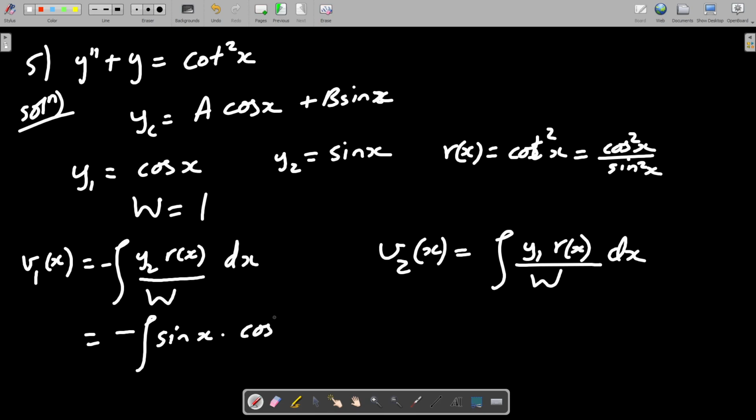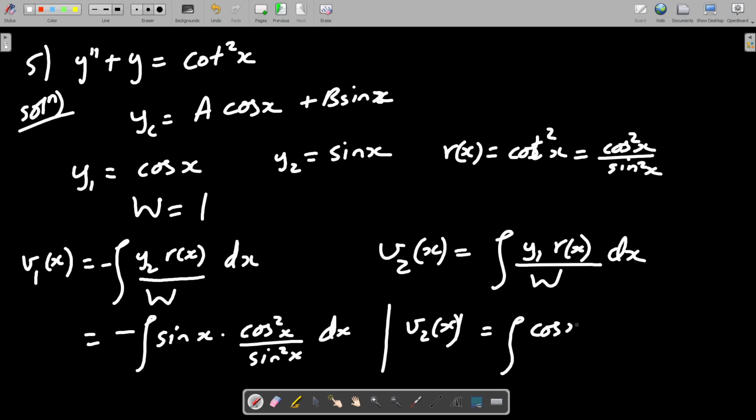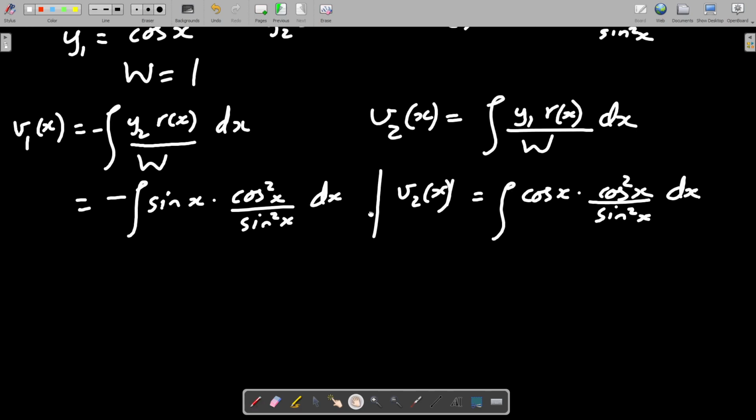I'll write this cos square x side by side. I'll do this also. v2 of x is going to be equal to... okay. This does not look to be a nice integral to integrate. We'll try whatever we can do.